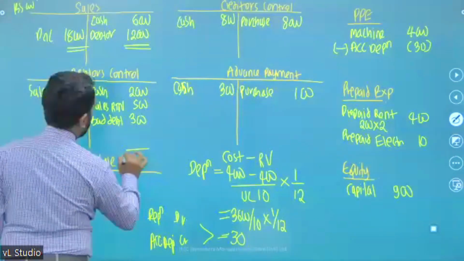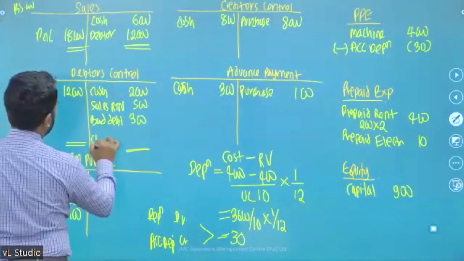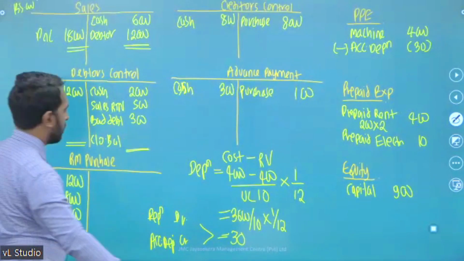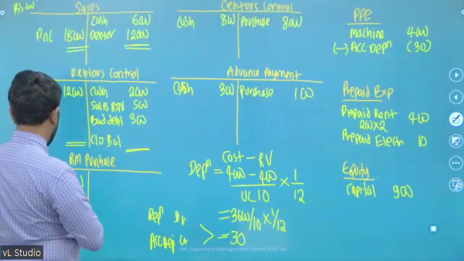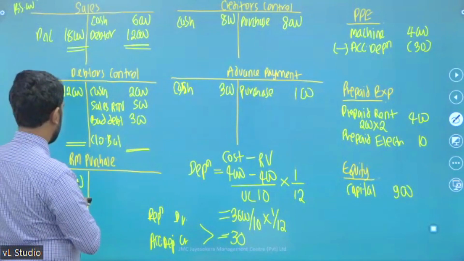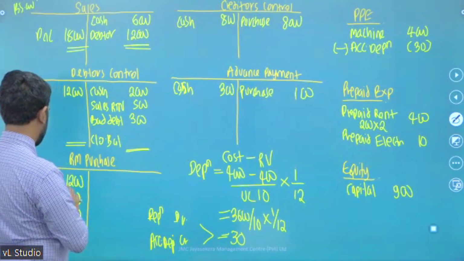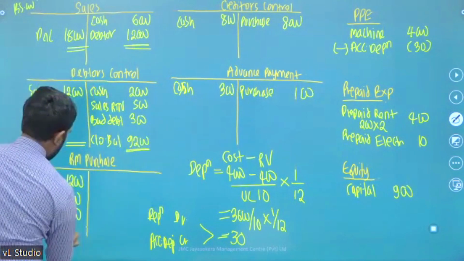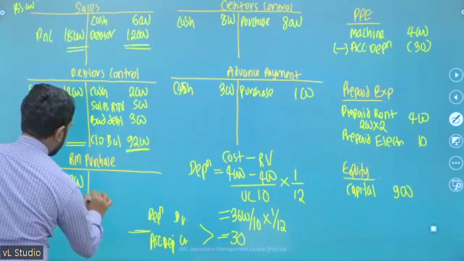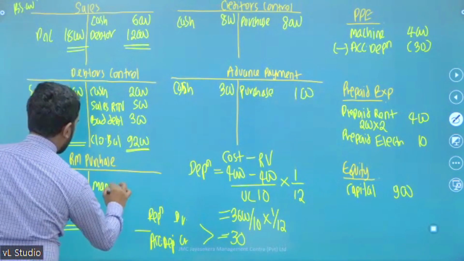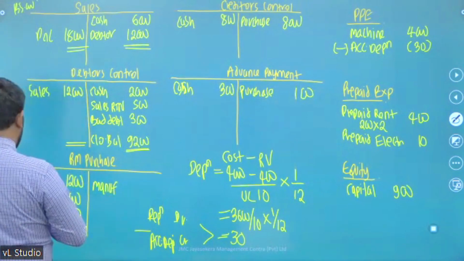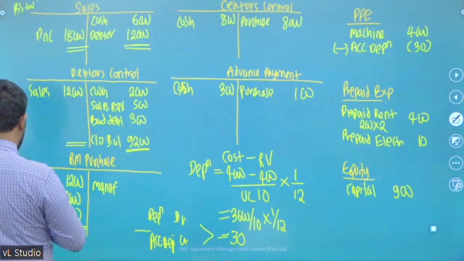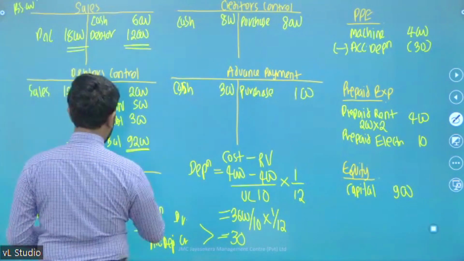Debtors account, the closing balance will come to 12,000 minus 2,800, 9,200. Raw material purchase, we are sending that to the manufacturing account. 1,200 plus 8,000 plus 100, 9,300.